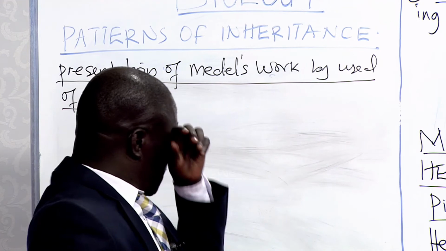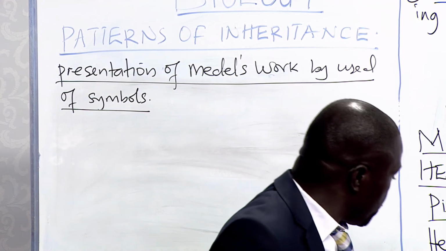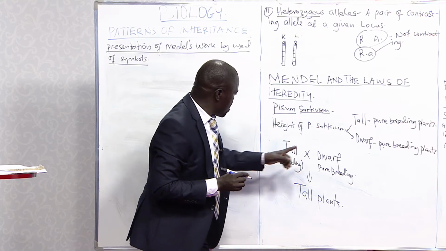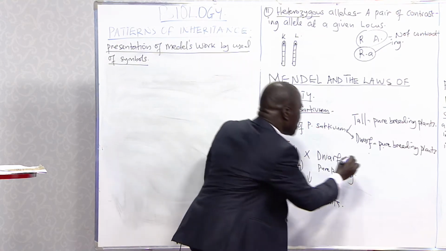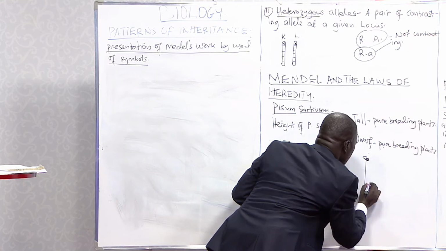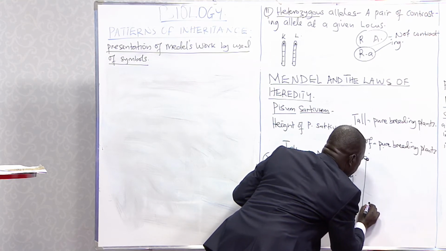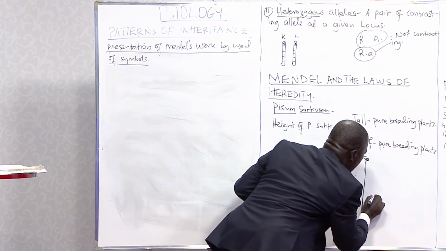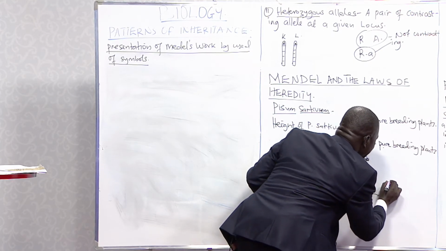Now, what do you think will happen here? If we have a tall plant and then a dwarf plant, why didn't we get the intermediate?